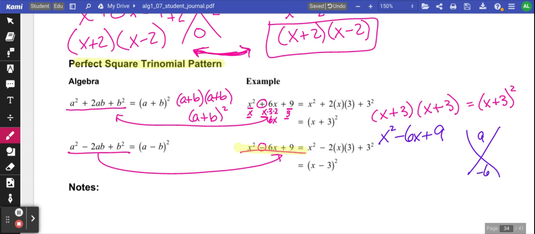I know, okay, it's multiplying to a positive, adding to a negative, so I need two negative numbers, so that's going to get me negative 3 and negative 3. So I'm going to say, okay, well, that's just x minus 3 times x minus 3, which we simplify. It's the exact same sign in the middle, so I'm just going to call that x minus 3 all squared.